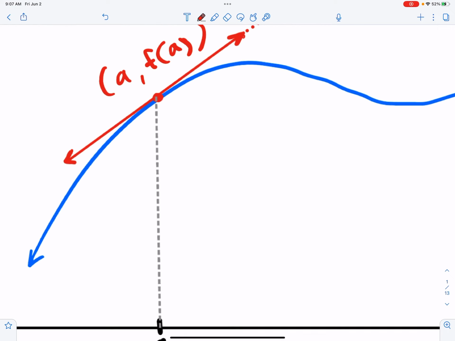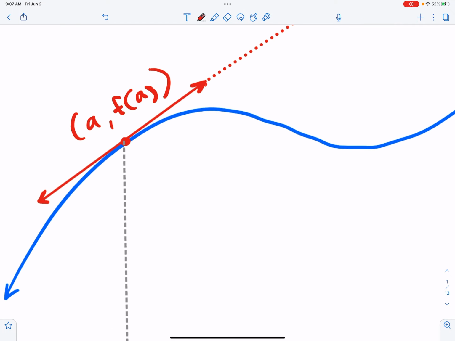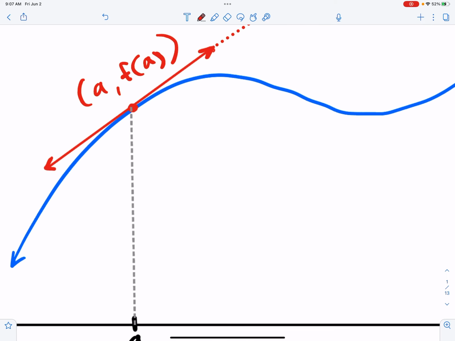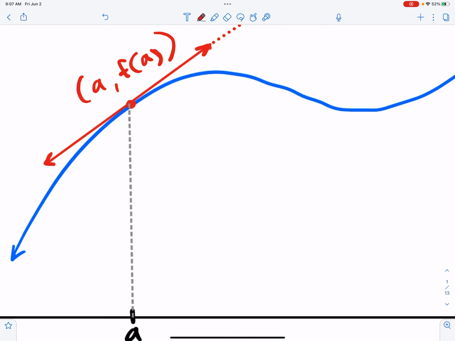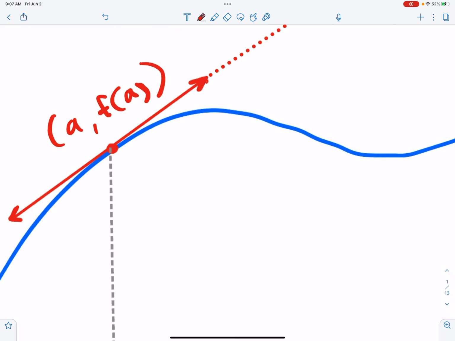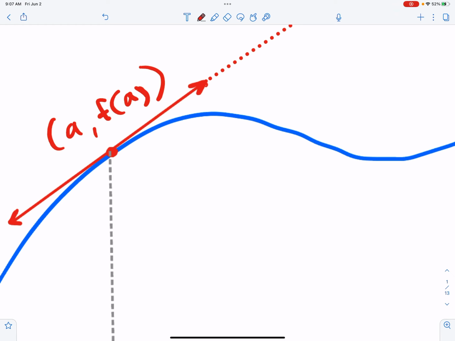But we're looking at the tangent line as touching the curve at exactly one point in that neighborhood. So in the neighborhood of x equals a, the line touches at the point a comma f of a, and nowhere else.